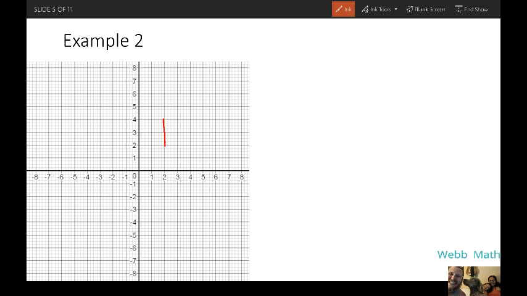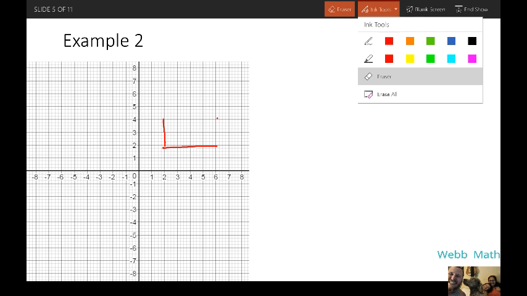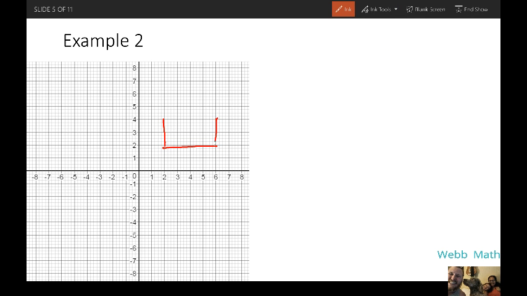Or not a triangle, a rectangle. Rectangle would be better. All right, so here's our rectangle.